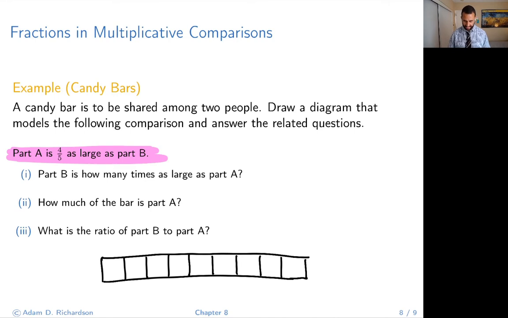Okay, so here's the idea. Part A is 4/5 as large as part B. So I'm going to highlight part B. Part B is 5 of these pieces, so that's right around here. This is part B in blue. And maybe I'll even indicate that this is actually B. And then part A is 4/5 as large as part B, so part A is going to be 4 of these pieces.